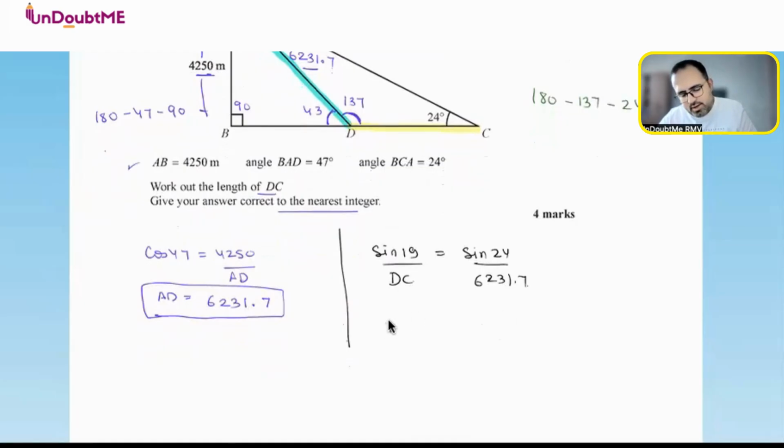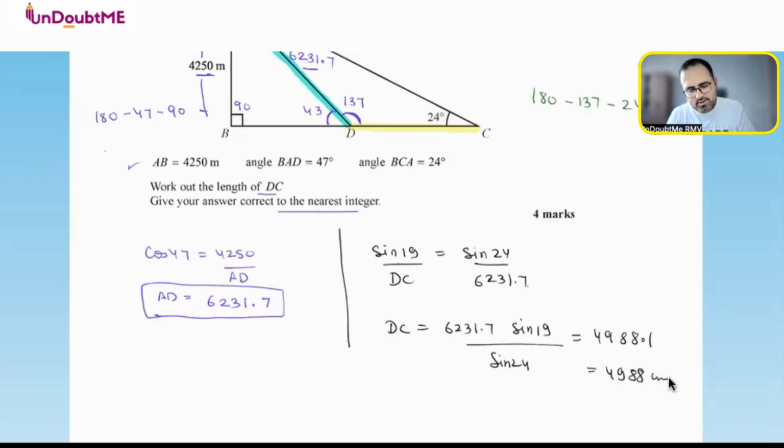Cross multiply and you can get DC is equal to 6231.7 sine 19 over sine 24, and on calculation this will be 4988.1. To the nearest integer that means 4988, not centimeter, meter will be the unit. Okay, so this question is also done.